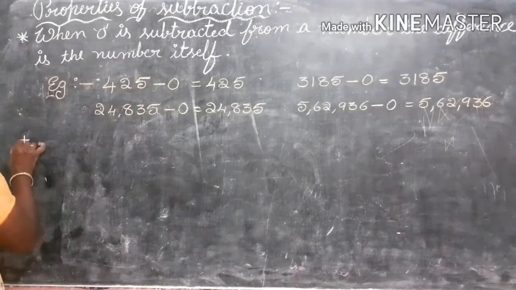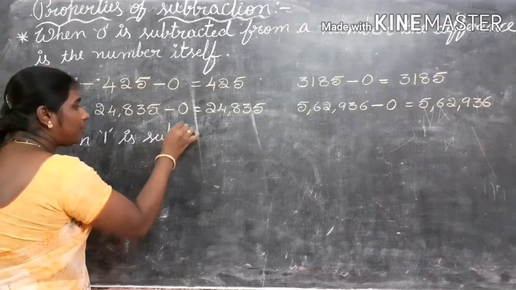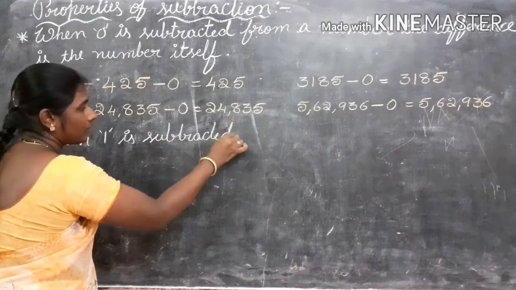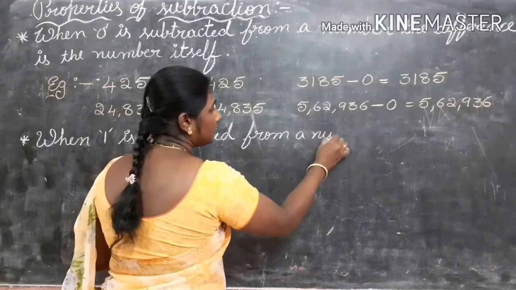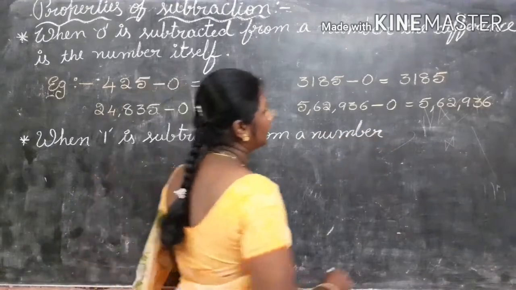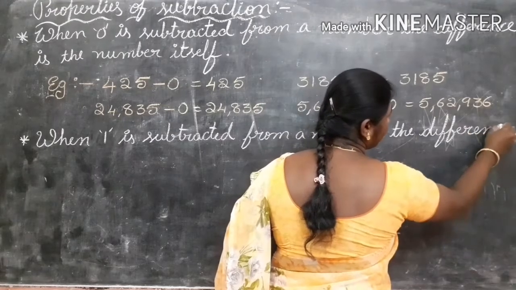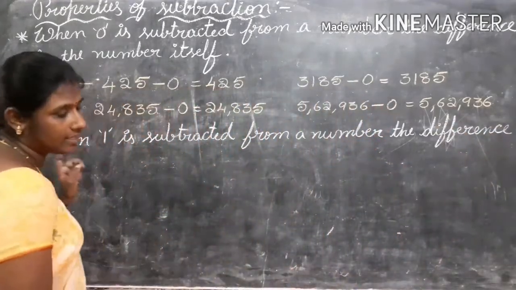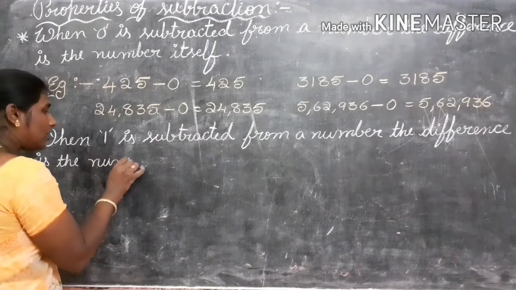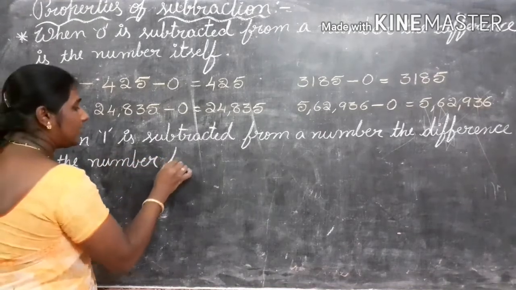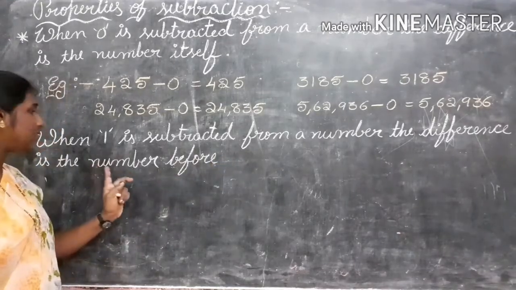The second one: when 1 is subtracted from a number, the difference is the number before.